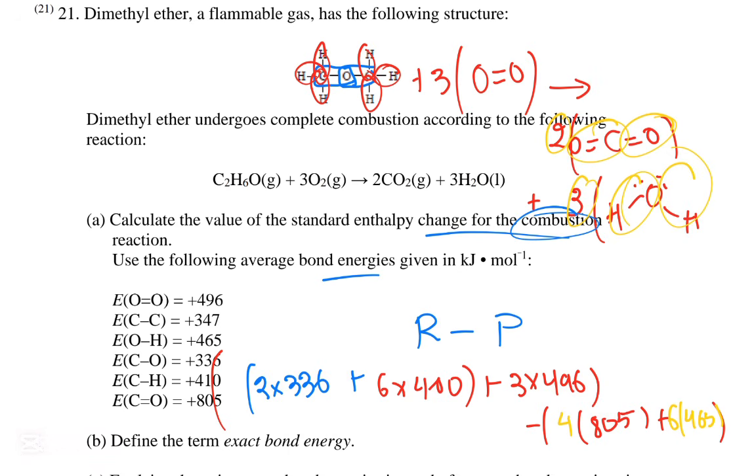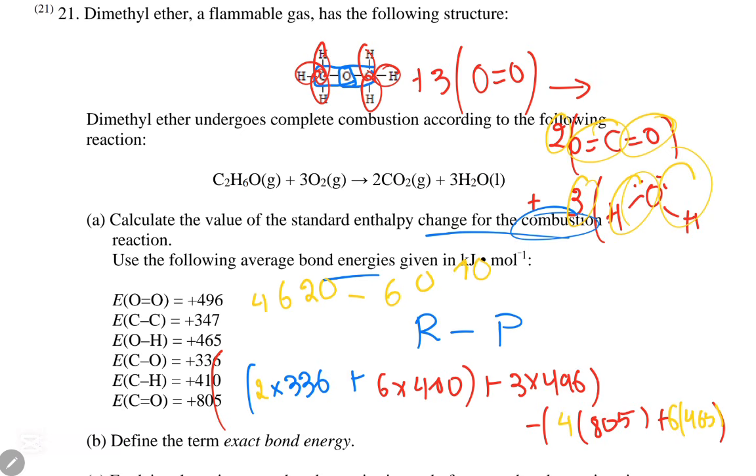So 2 times 336 plus 6 times 410, plus 3 times 496. All of this will give me 4620, right? Minus 4 times 805 plus 6 times 465. This will give me 6010.